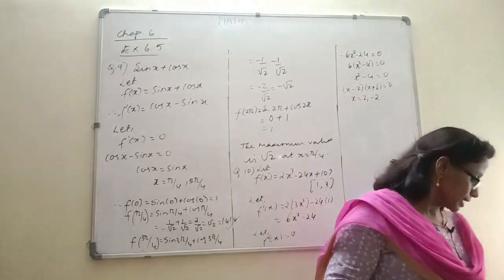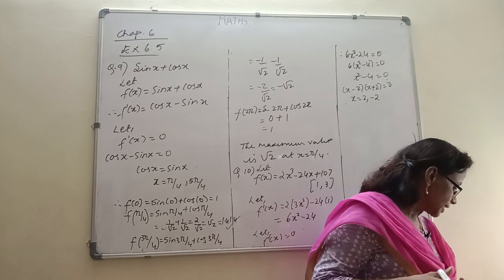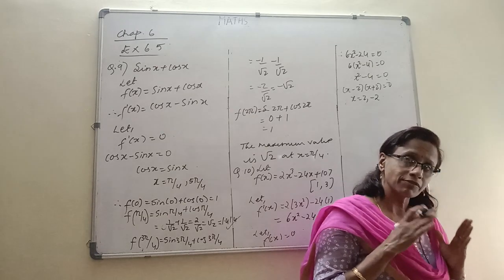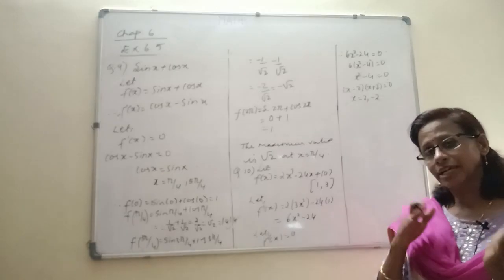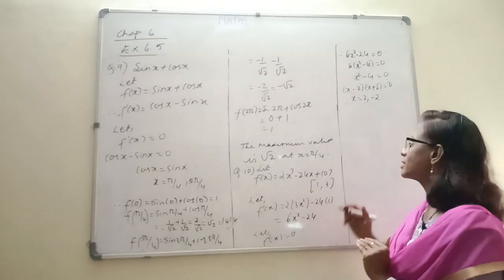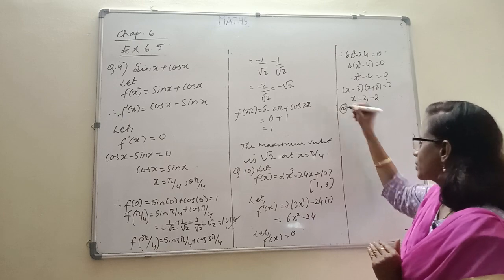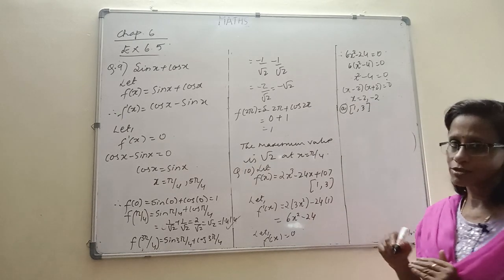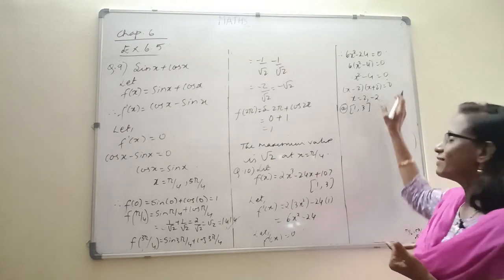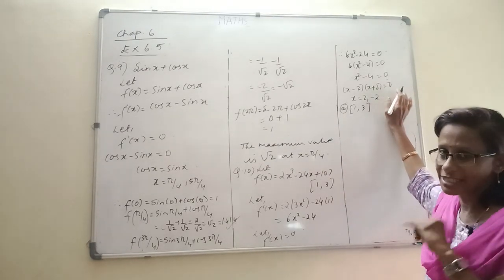Now the question actually has two parts. In the first part they say find the maximum value in the interval from 1 to 3. Then they say find the maximum value in the interval from negative 3 to negative 1. So let's answer sub question A, where they ask you the interval from 1 to 3. You have to take the values of x, 2 and negative 2.